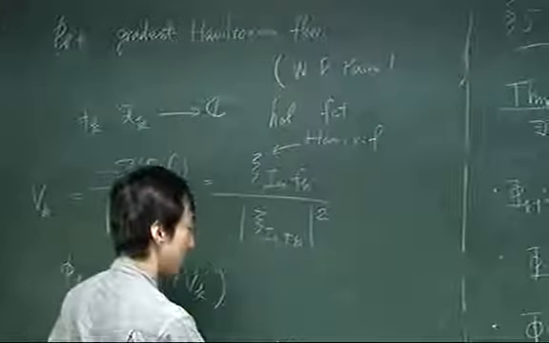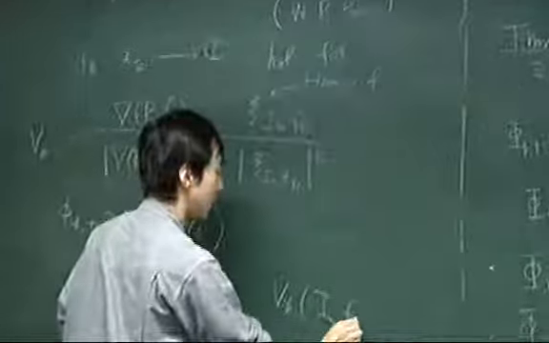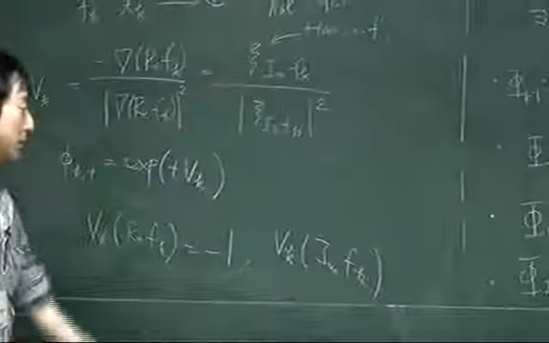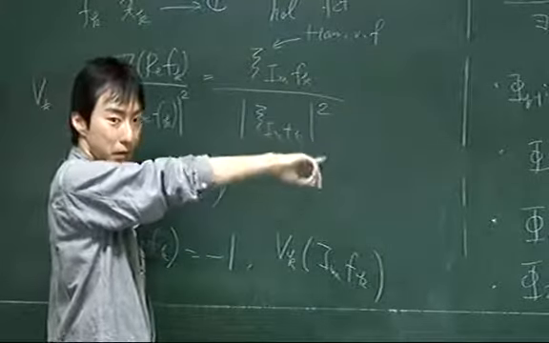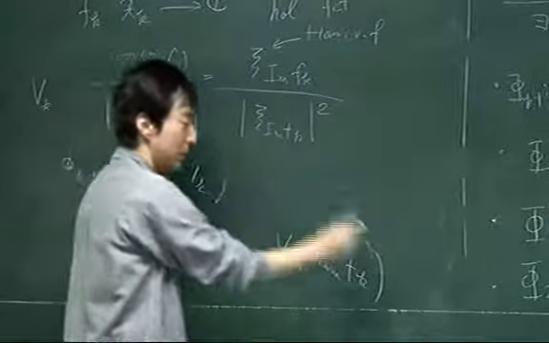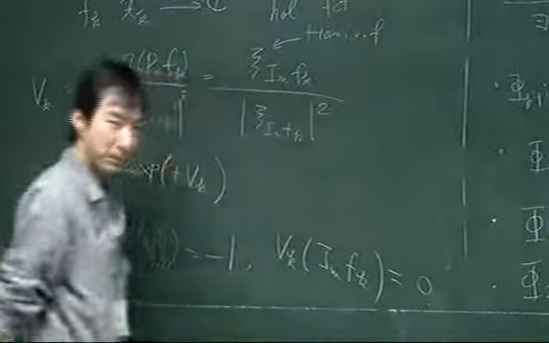Then we differentiate the imaginary part, and using this expression, since this is the Hamiltonian vector field, this is 0.